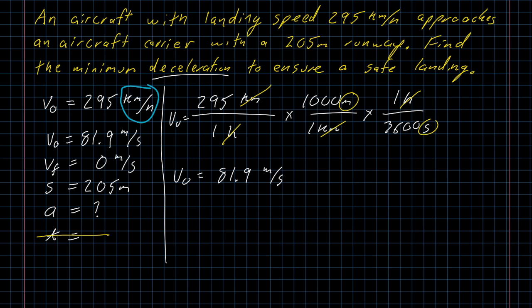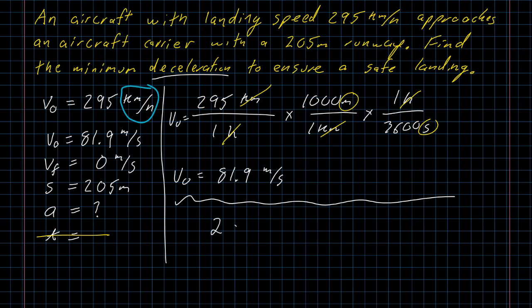And I'll go ahead and fill that in over on the left-hand side so I have a better reference. Now that my units are all in matching style, I can go onward and look for the kinematics equation that does not have t in it.